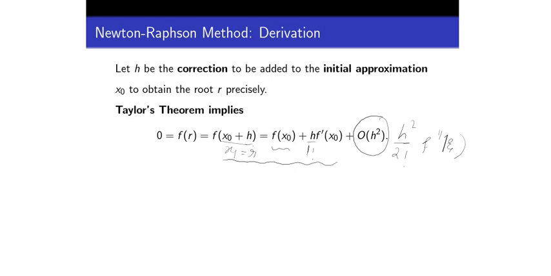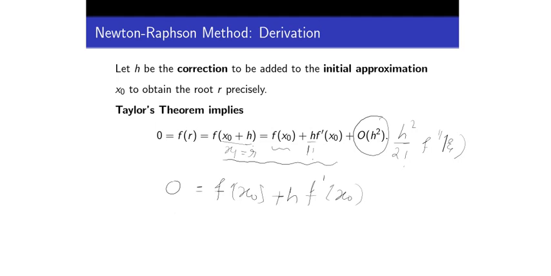So what will it give? If you neglect this O h square term, you will get 0 equals f of x0 plus h times f dash at x0.